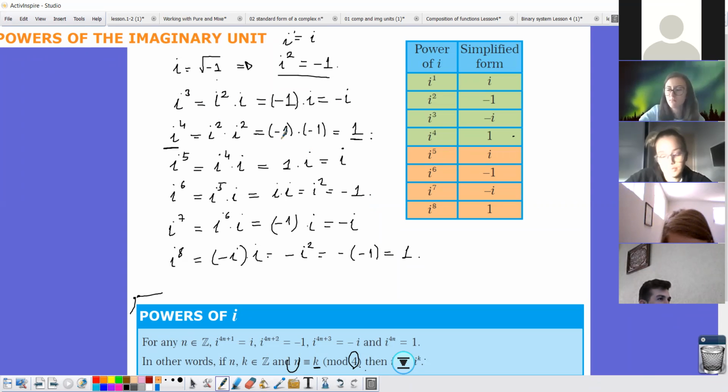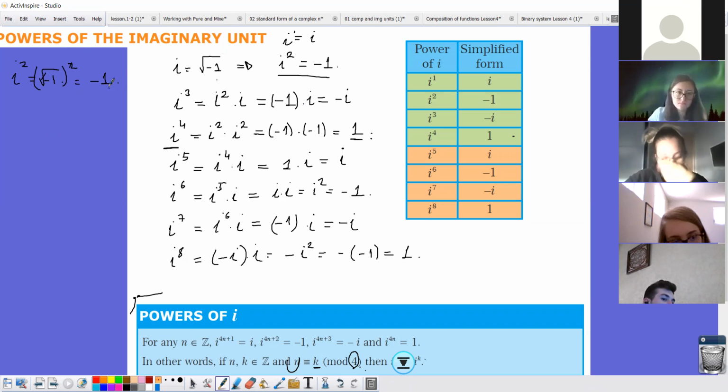We are doing root of -1 times root of -1 in the first one. If you think in this way, if it is easier for you, i squared will be -1.